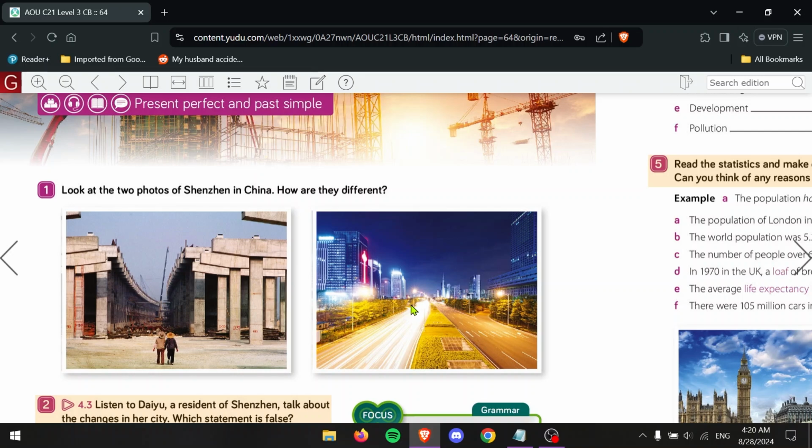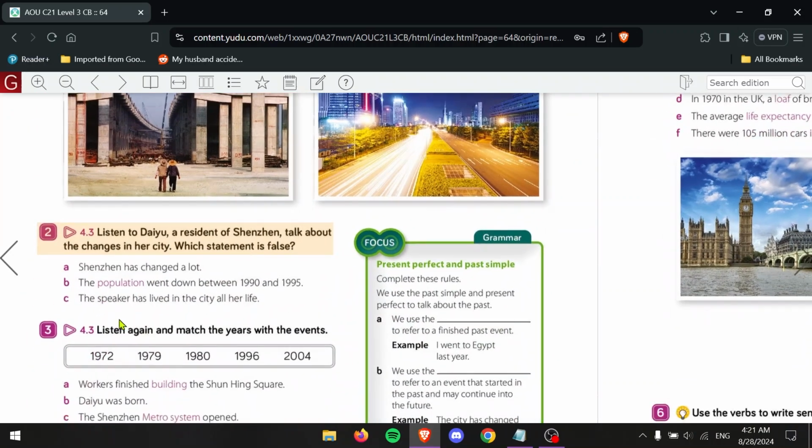So it could be two different areas. It could be two different time periods, which I think is more likely, to be completely honest with you. I think the photos showcase something that once started fairly small and turned into this huge modern city. So now let's take a look at exercise 2.